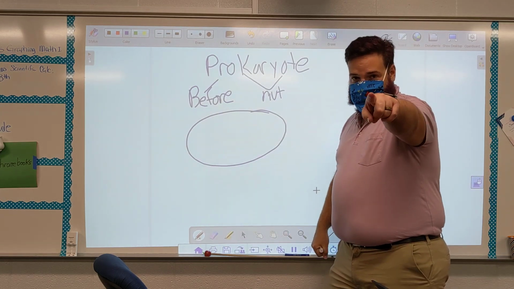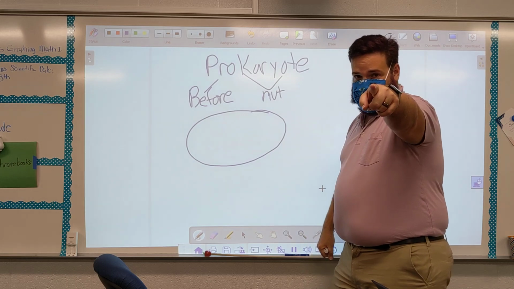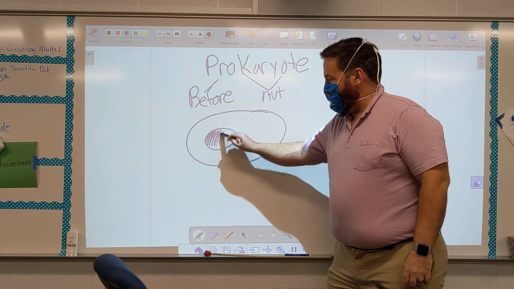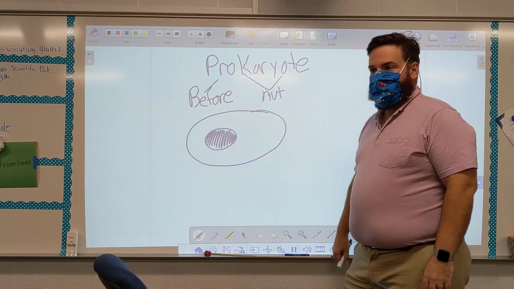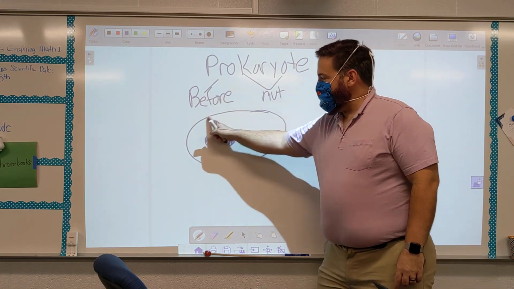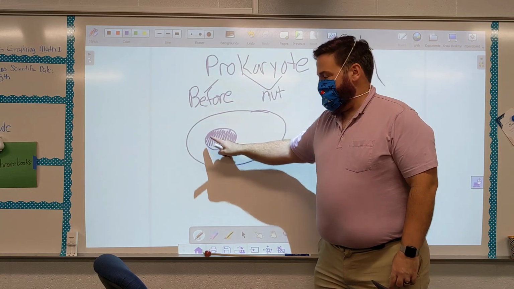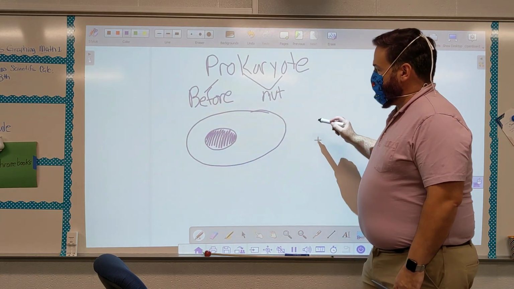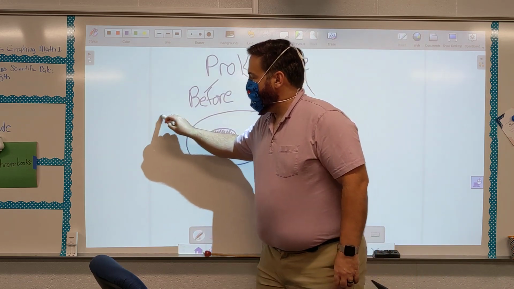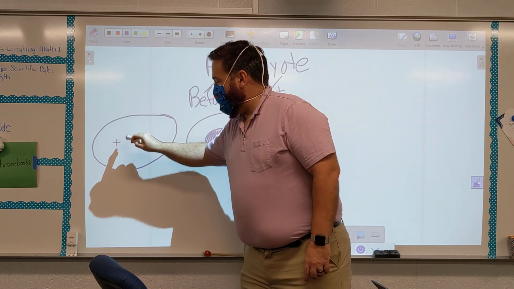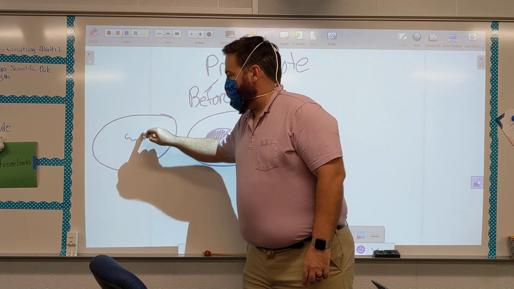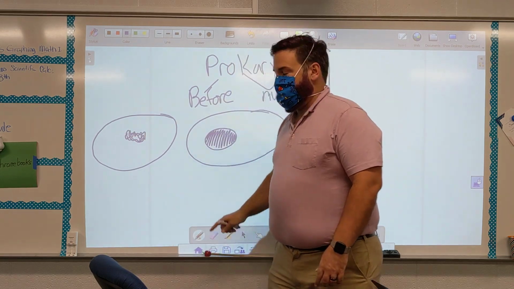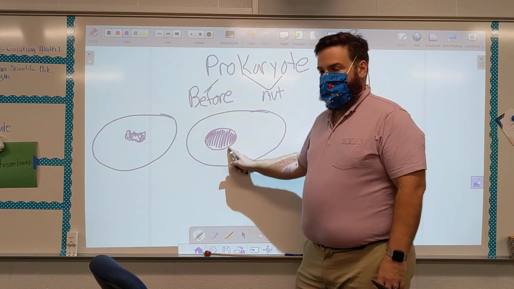Now, they looked at the cell, and this is basically what they saw. They saw that cell membrane, and they saw a dark spot. But then they looked at other cells and saw the opposite. Maybe they saw a squiggly that was, we know now, the DNA, but it didn't have a membrane around it.